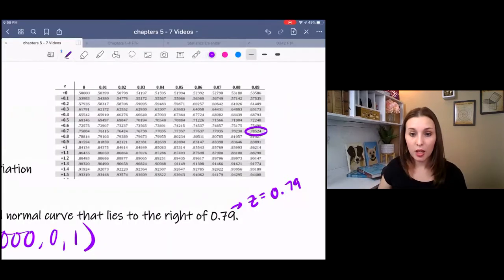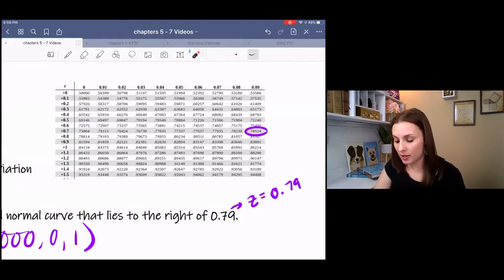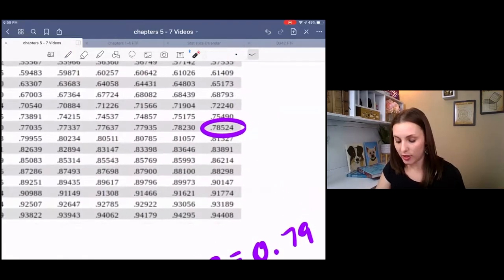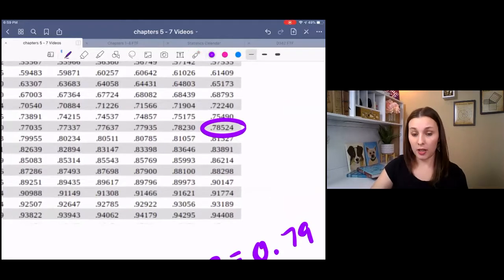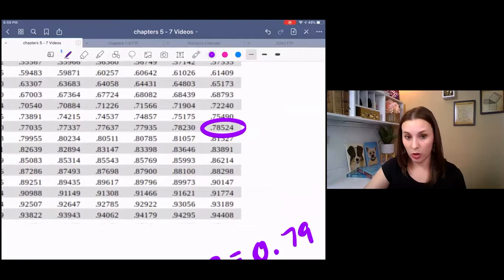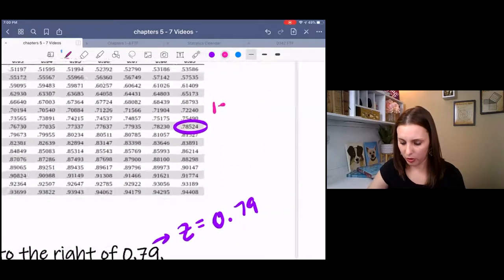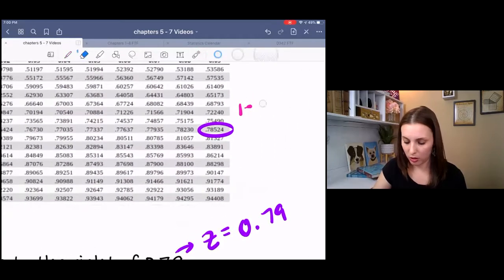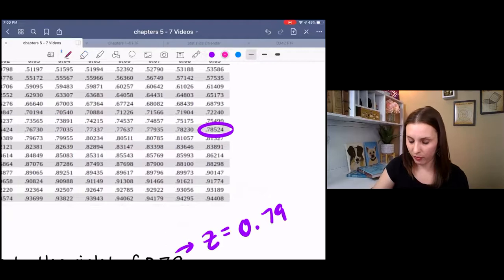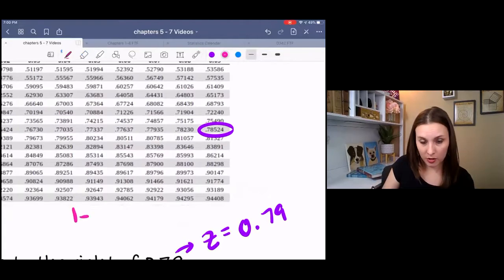If you use the table above, you should have found that the area under the curve to the left of 0.79 is 0.78524. So to find the right, we're going to do 1 minus 0.78524.